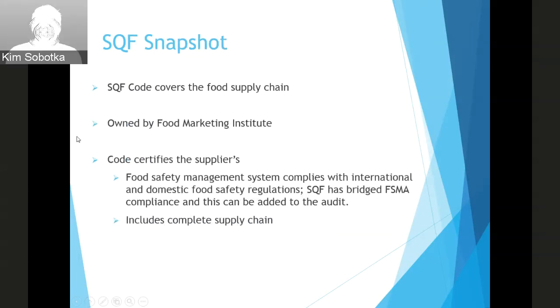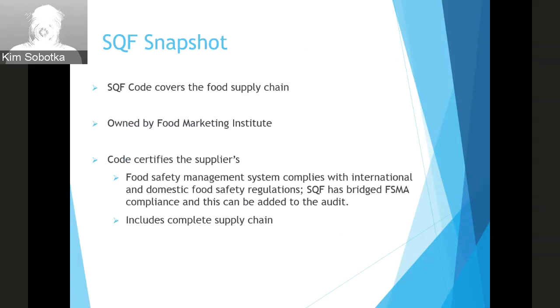The SQF code covers the entire supply chain from farm to fork. It's owned by the Food Marketing Institute out in Washington, D.C. The code certifies the supplier's food safety management system and makes sure that it complies with international and domestic food safety regulations. And SQF has also bridged the FSMA compliance, and it can be added to your SQF audit.